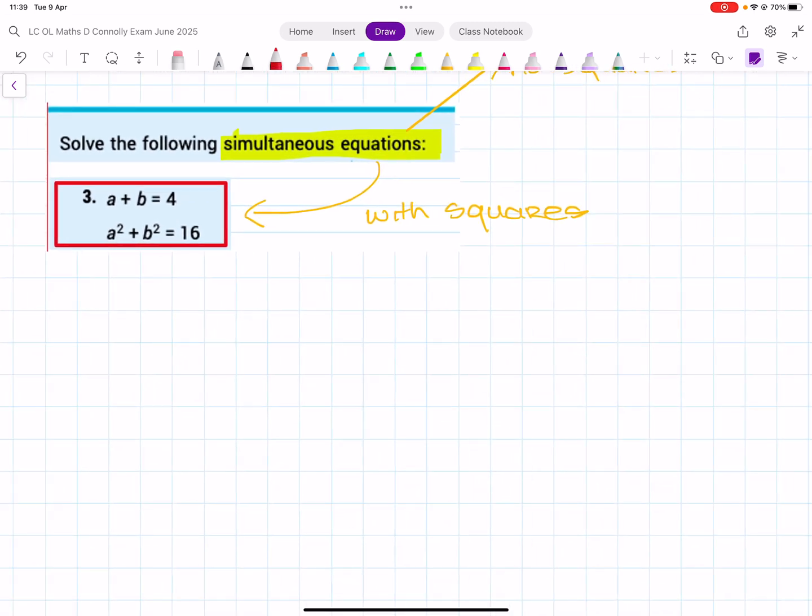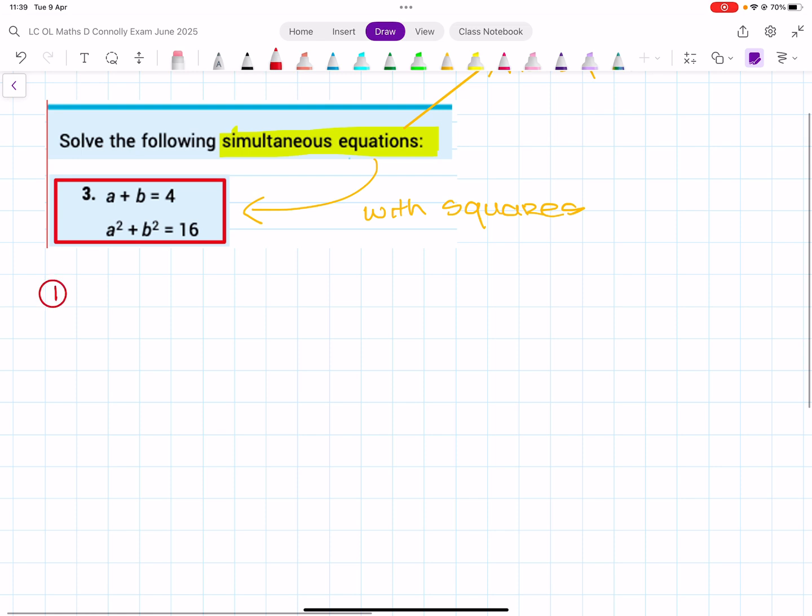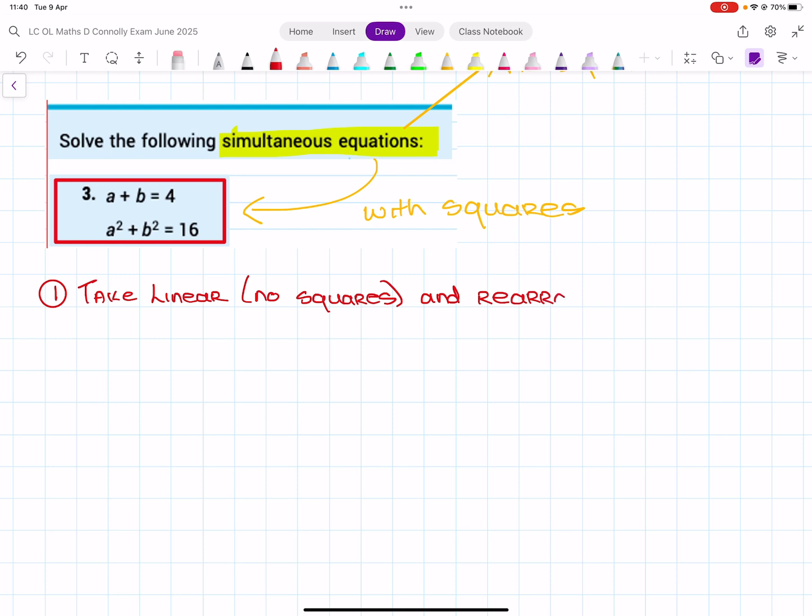Okay, so the first step is you take the linear, or the one with no squares, and you rearrange to isolate a letter.